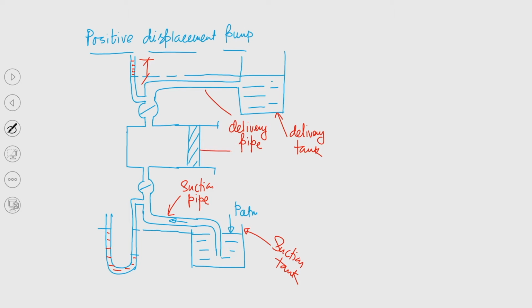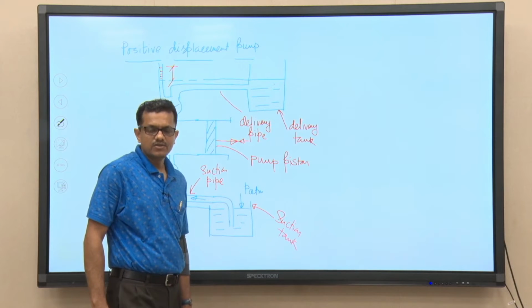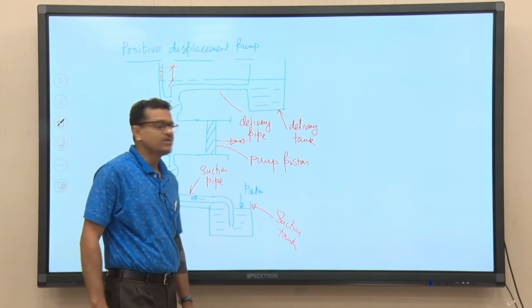And this is the pump piston. I did not show the prime mover part, but as I have discussed already that this piston should be operated by a prime mover, rather through the crank and connecting rod mechanism.